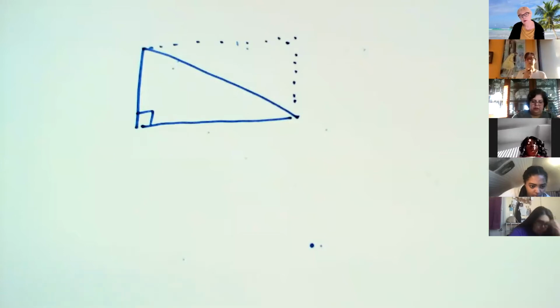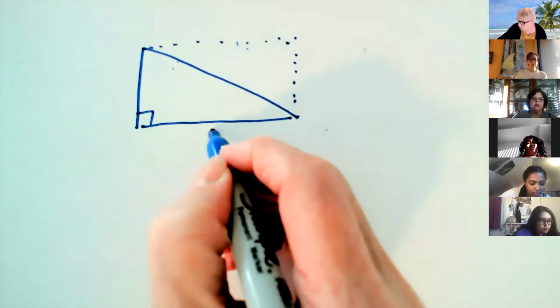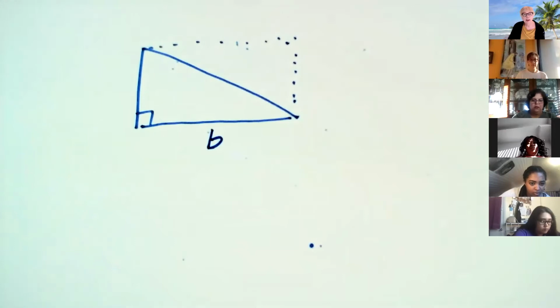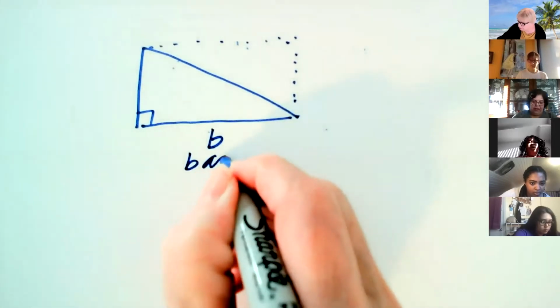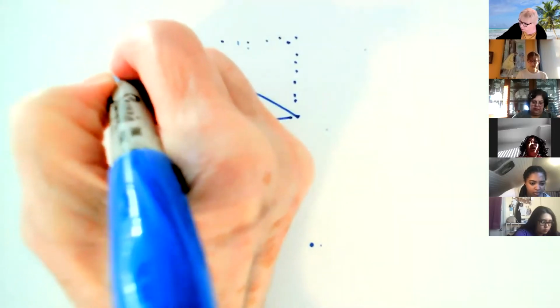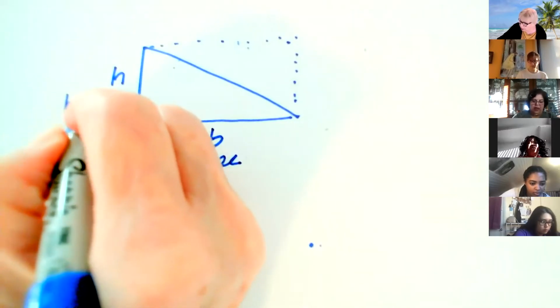And in some ways we'll be looking at that, but I wanted you to see it visually. So the tendency is to call the bottom one B for base. And this one here, H for height.